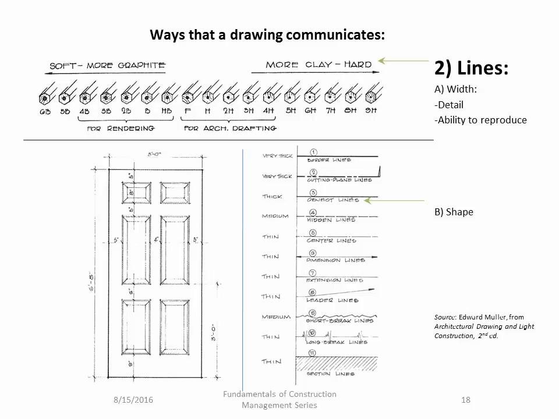I'm giving you an example here at the lower part of the slide to show you how lines are used. If you look at the outline of the door itself, the outline is very strong and very thick as far as a line goes.